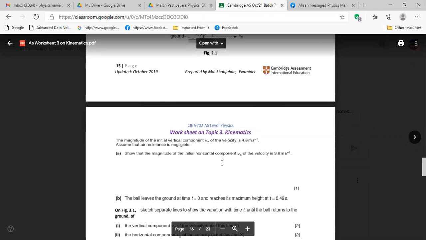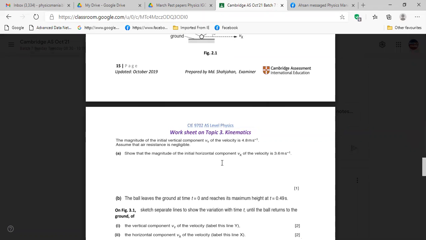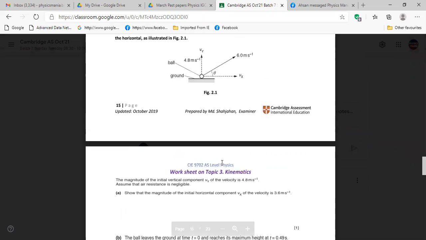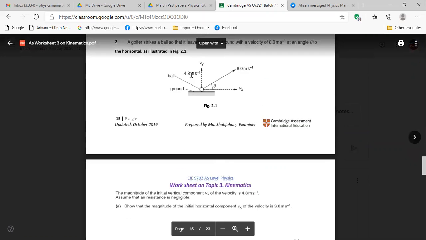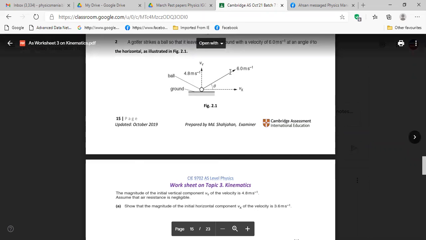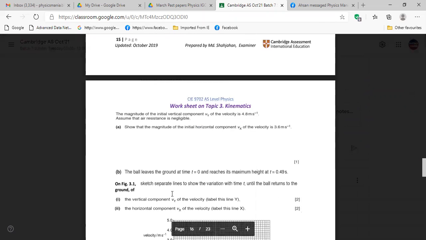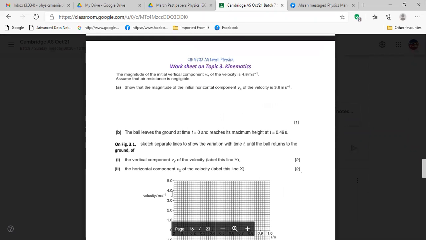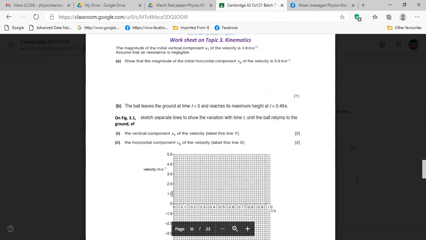Why would it come negative? It's the root of 6 square minus 4.8 square. Why would it come negative? Acha, 6 square minus 4.8 square, square root of it comes 3.6. So why would it come negative? So done. Farhan, have you got it? Yes, sir. Very good. Now you read.